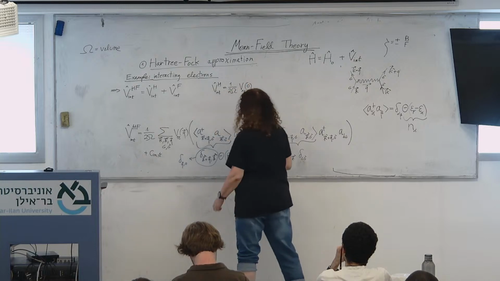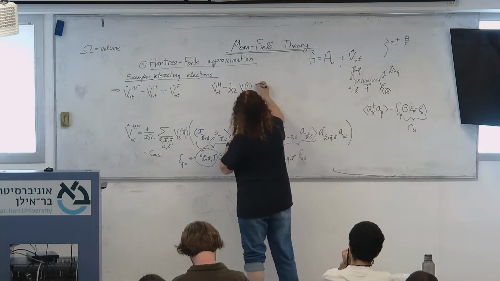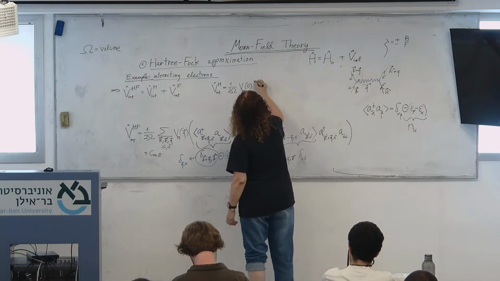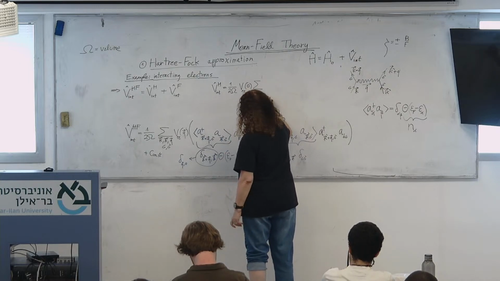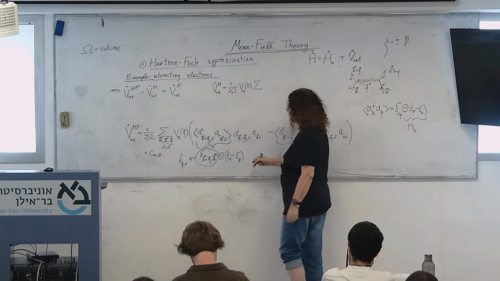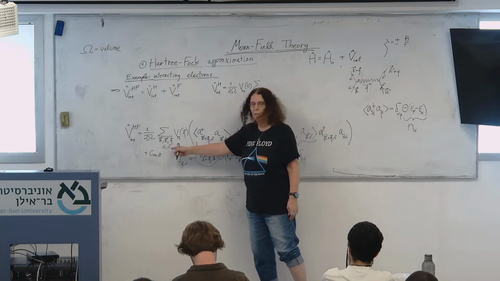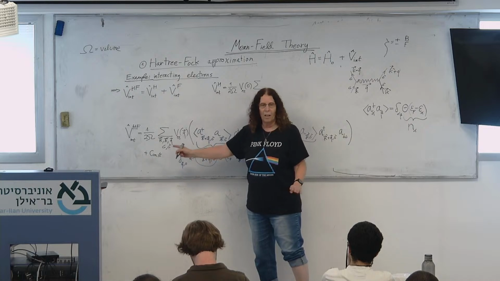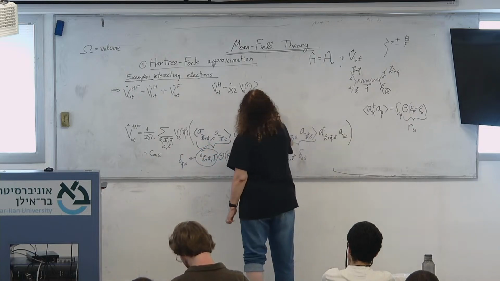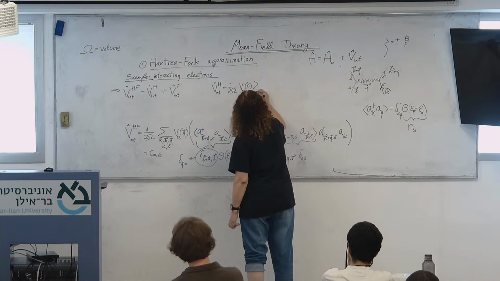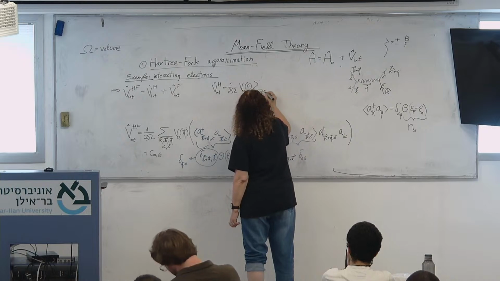Okay? And what am I left with? Notice I still have a sum over sigma and sigma prime. The delta doesn't kill any of them.